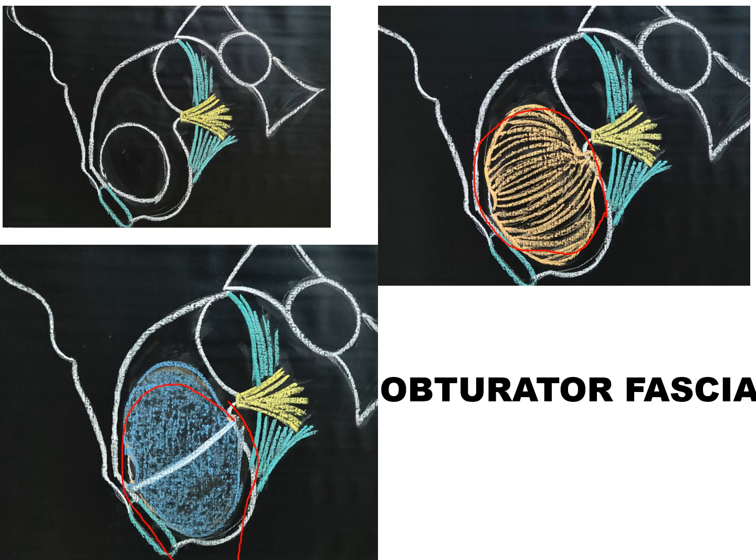Along the middle of this obturator fascia, it is thickened, extending from the body of the pubis to the ischial spine, to form the tendinous arch of the obturator fascia. This tendinous arch provides the attachment or origin to the pelvic diaphragm, or the levator ani muscle.